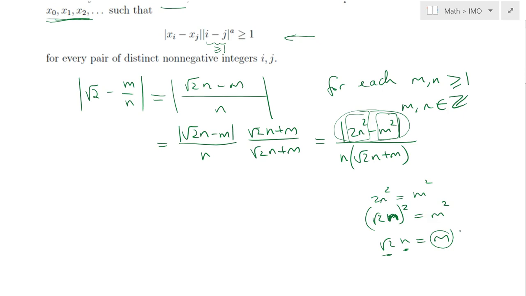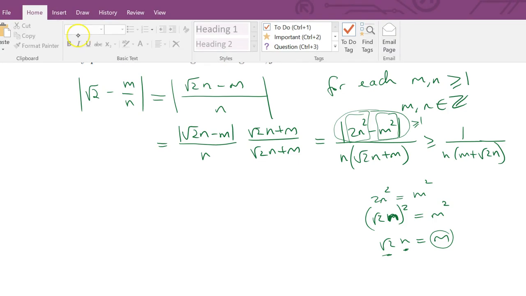So this thing is never equal to 0. As a result, the numerator is always greater than or equal to 1, suggesting that this whole fraction is greater than or equal to 1 over n times m plus root 2 n.